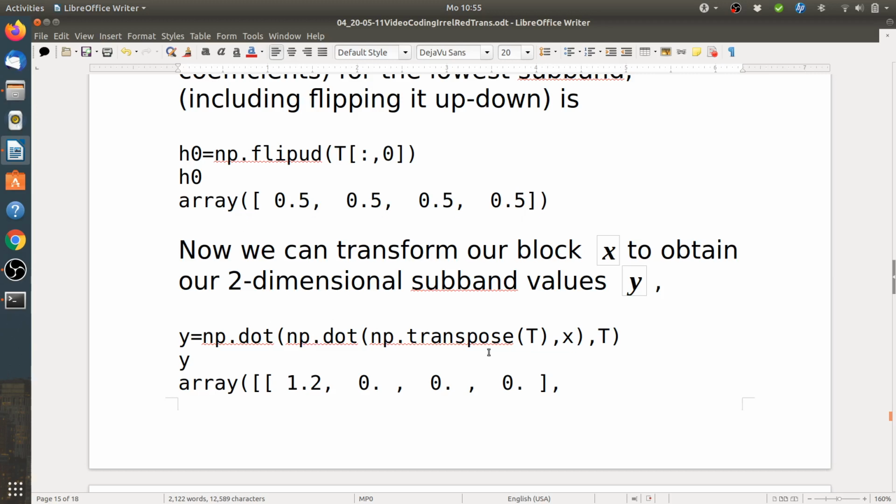That means if we want matrix multiplication, then we need to take the function numpy dot. This function implements the matrix multiplication. Here we can see first we multiply the transpose of T from the left hand side, and then we multiply T from the right hand side. Remember, the ordering of this multiplication does not matter.